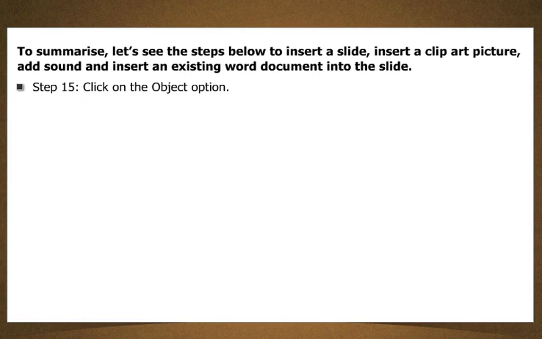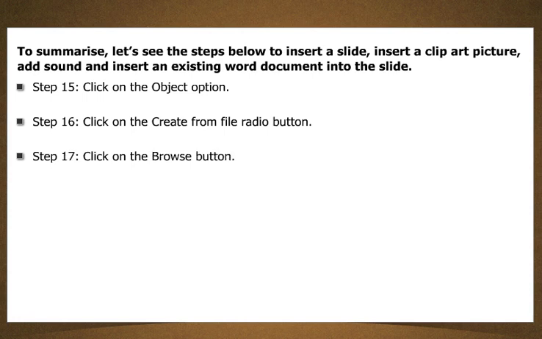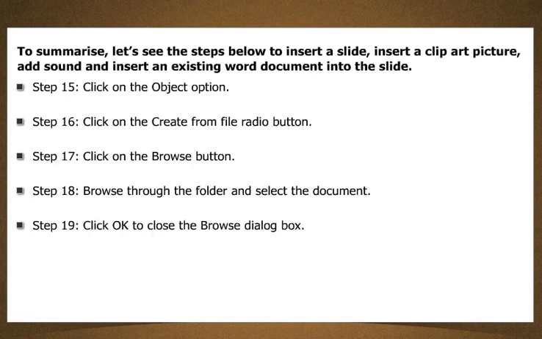Click on the Object option. Step 16. Click on the Create from File Radio button. Step 17. Click on the Browse button. Step 18. Browse through the folder and select the document. Step 19. Click OK to close the Browse dialog box. Step 20. Click OK on the Insert Object dialog box.